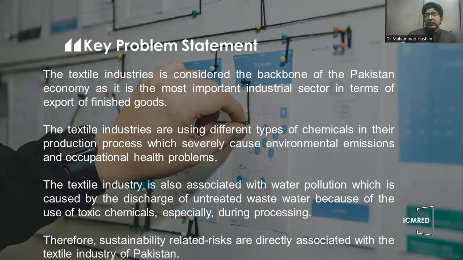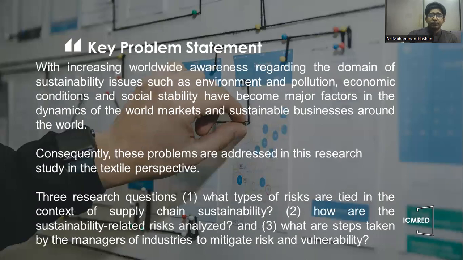The textile industry is also associated with water pollution, caused by the discharge of untreated wastewater because of the use of toxic chemicals, especially during processing or dyeing. Therefore, sustainability related risks are directly associated with the textile industry of Pakistan.